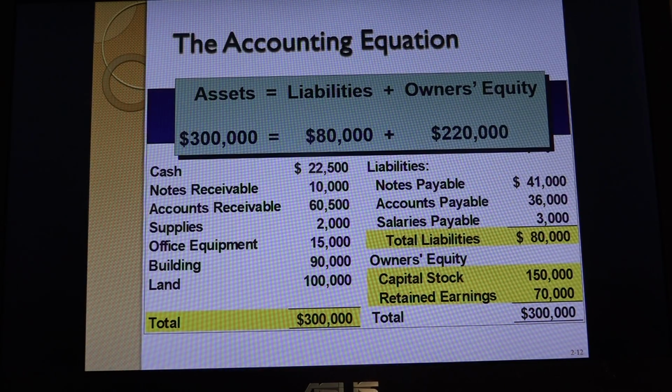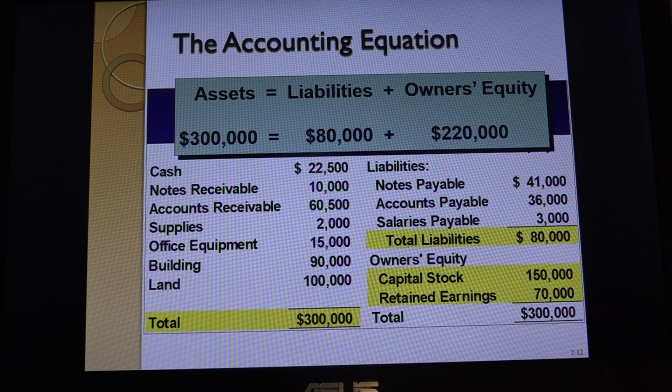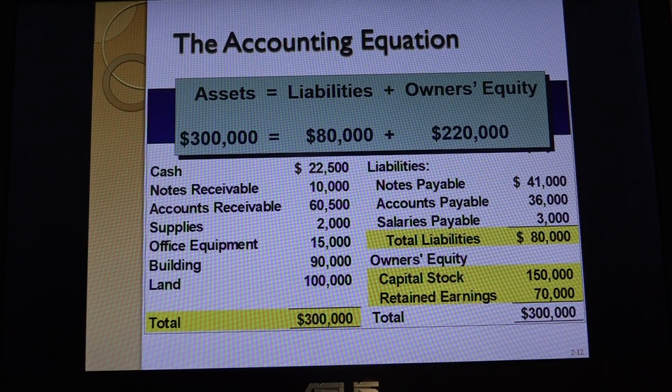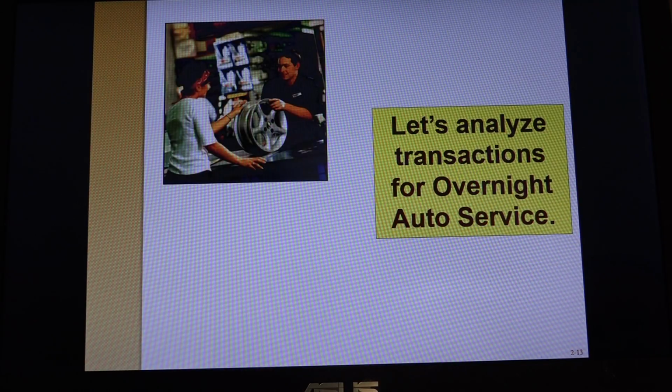You can just change this around all you want. If you had liabilities and owner's equity, that would be real easy to figure out assets. So as long as you have two of the three parts to this, you shouldn't have any trouble figuring out the third piece. That comes into play sometimes. You'll see that in assignments. Just don't let it slip you up.